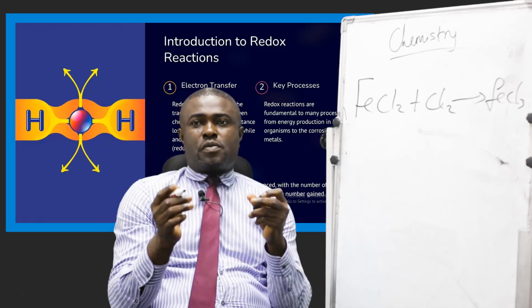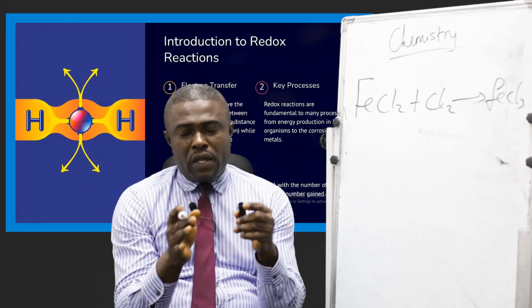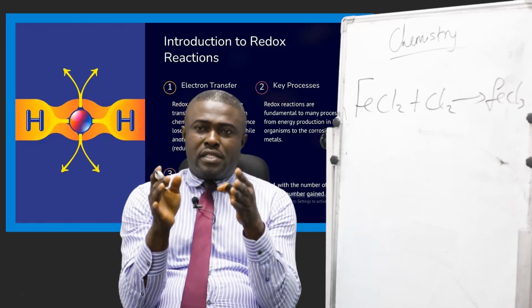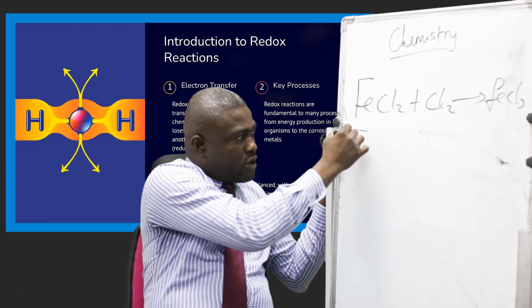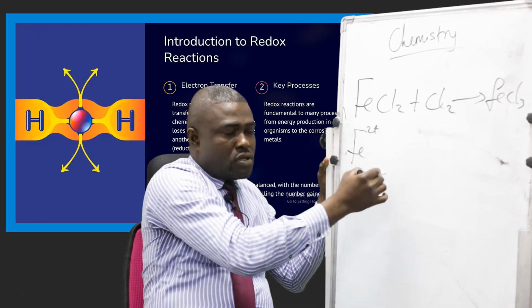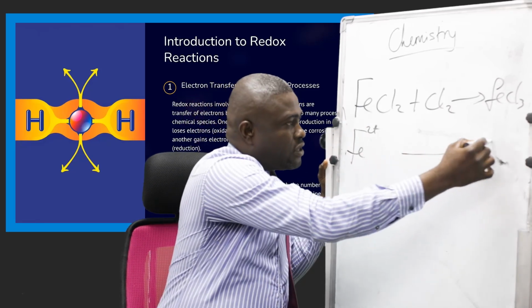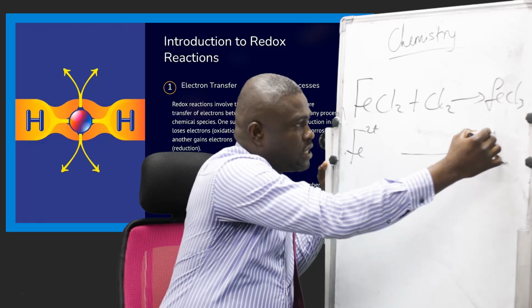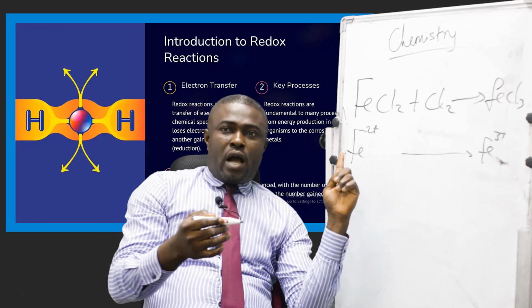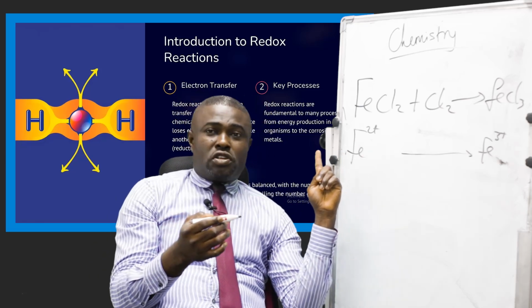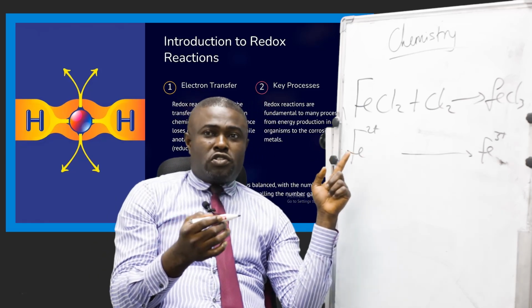Now let us specifically focus on the metal, which is iron. Oxidation number of iron here is 2. Then moving to iron 3, that is an increase in oxidation number. And what happened during the increase in oxidation number is that there is loss of electron.